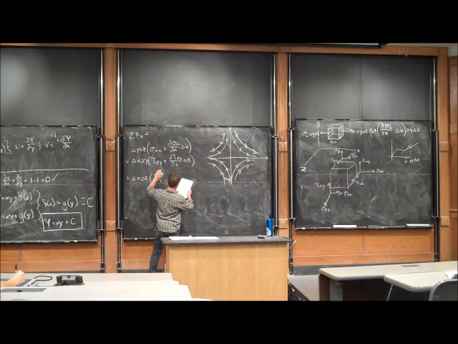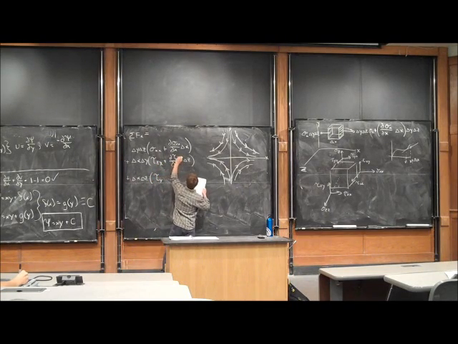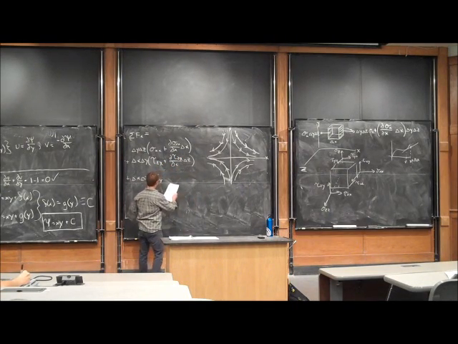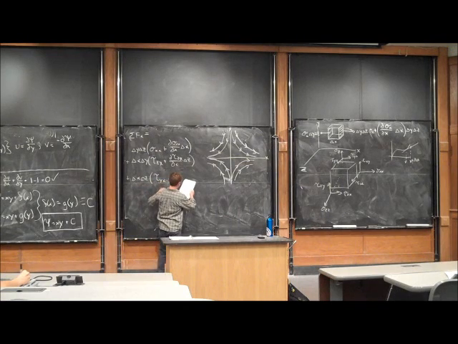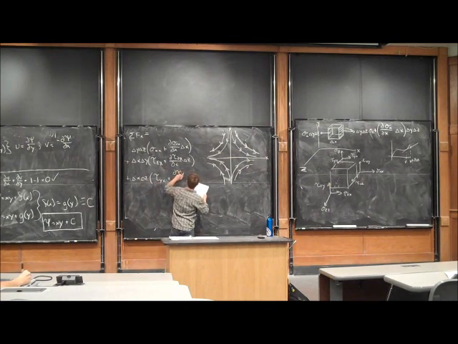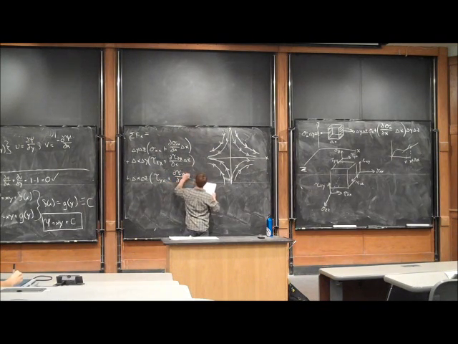I did that wrong, this is zx. Delta y, tau yx plus del tau yx del y times delta y.